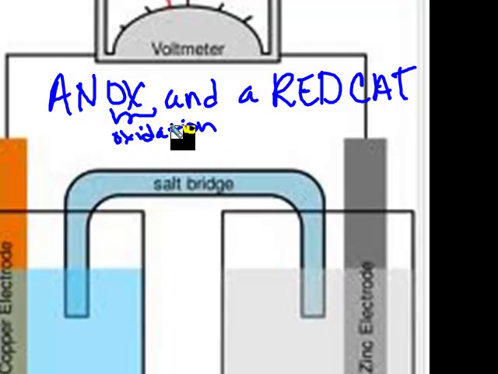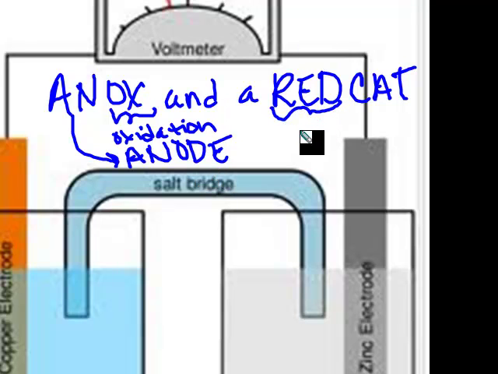So whatever electrode oxidation happens at is called the anode. Wherever oxidation takes place is going to take place at what's known as the anode. Red in red cat is reduction, and that's going to take place at the cathode.